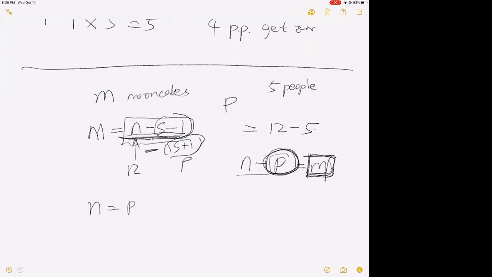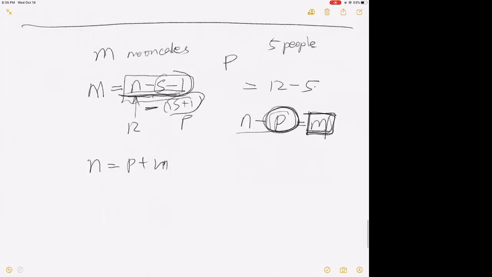Yeah, so then you get that N equals P plus M. Then you remember the previous thing: when there are n mooncakes and s sticks, and each person has to have at least 1 mooncake, the solution was C(n minus 1, P minus 1), where P is the number of people.